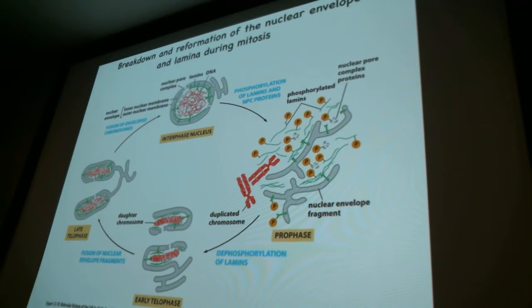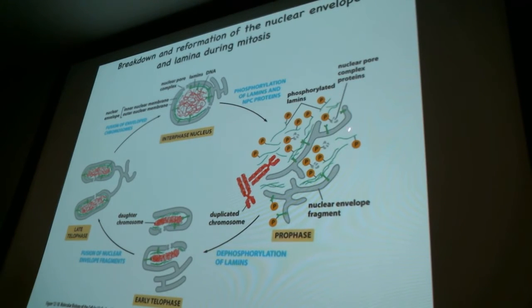So this is what is indicated here. One important component of this nuclear envelope are the lamins, these structural proteins that are on the inner side of the cisterna that form the nuclear membrane. And these lamins get phosphorylated. This is a big part of the control of the cell cycle. There are cyclin-dependent kinases that phosphorylate these lamins, and this makes them just fall out of place.